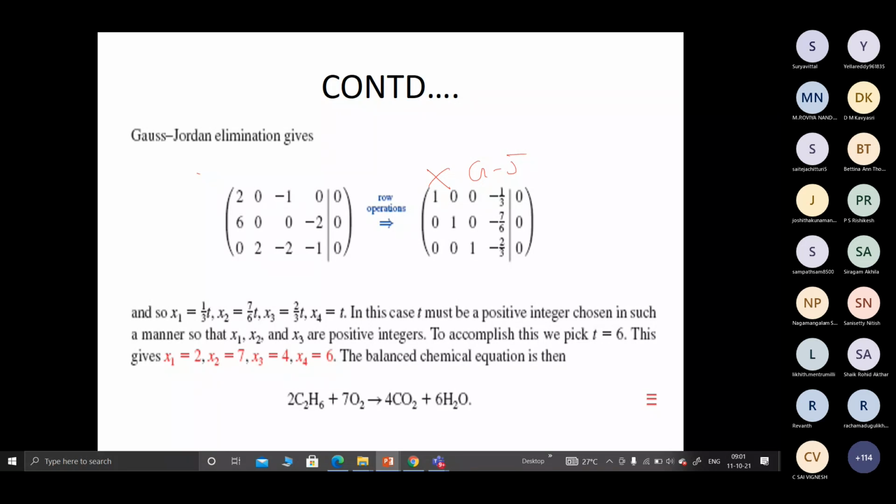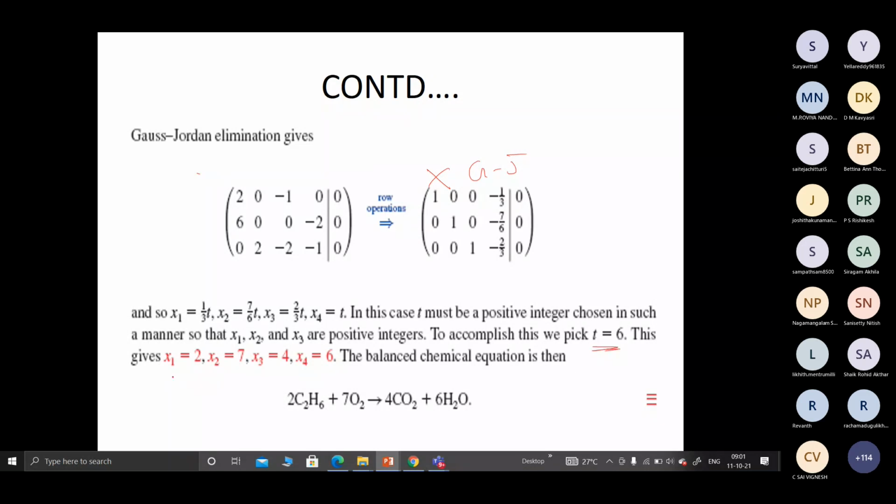So t can be any value. t can be chosen as 3 or 6. They have chosen it as 6. Here you can choose any value. So we can pick t equal to 6.